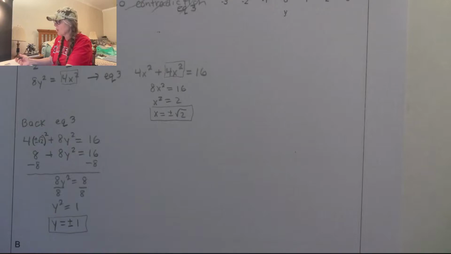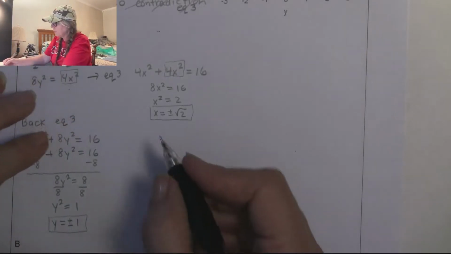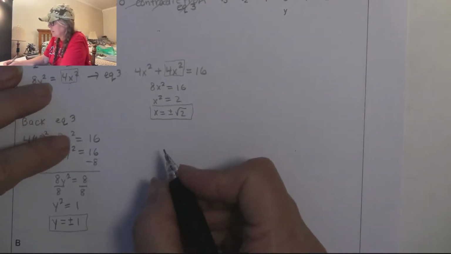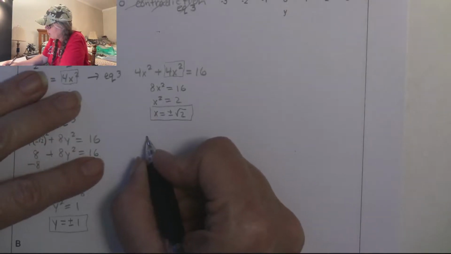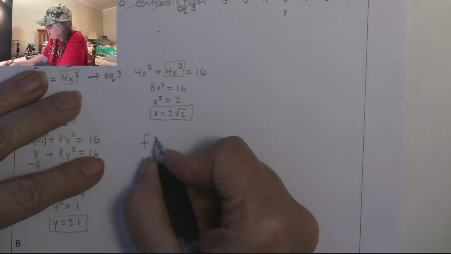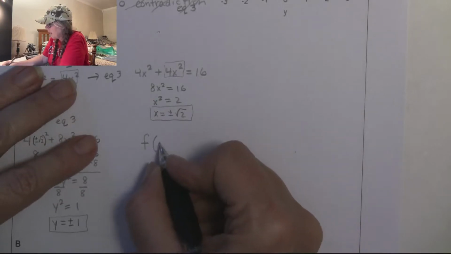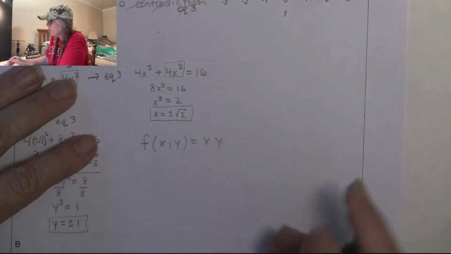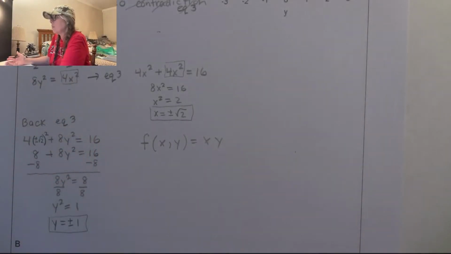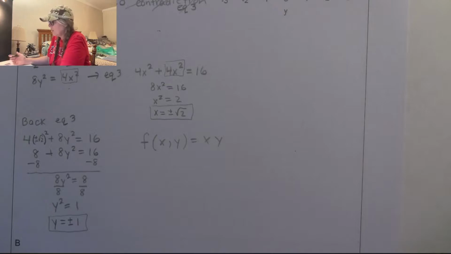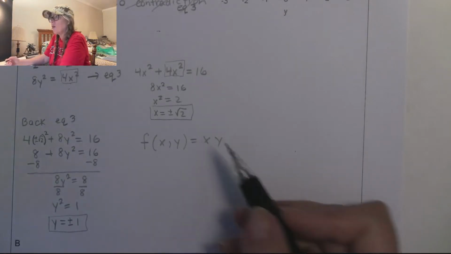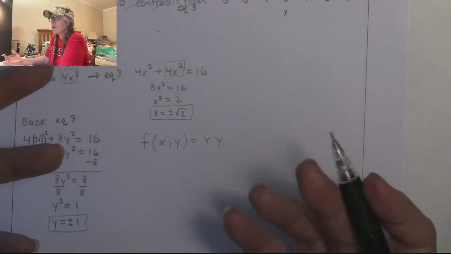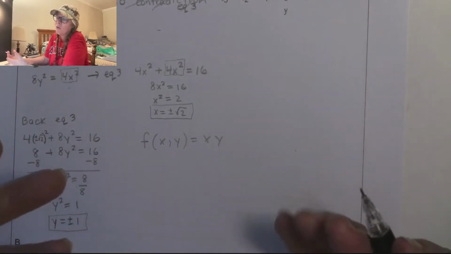So now what we're going to do is plug those things in. That's our next thing, to test them. We want to know f of x, y equals xy. I don't use the plus and minus in there unless I have something raised to the square or the 4th, because otherwise it's not going to be the same for plus as it is for minus.